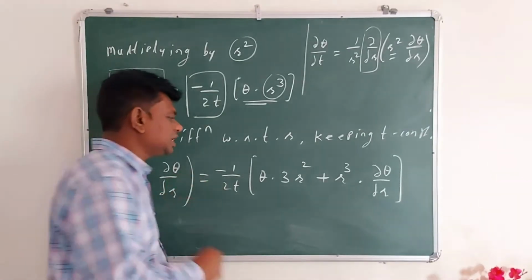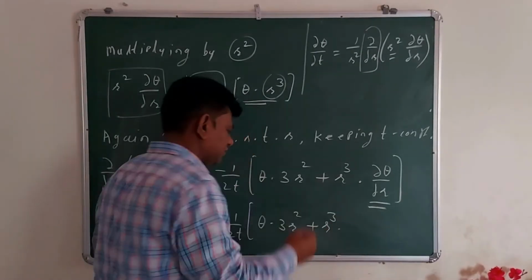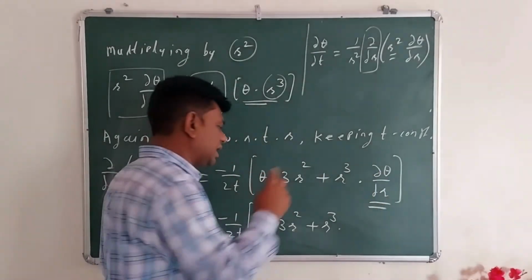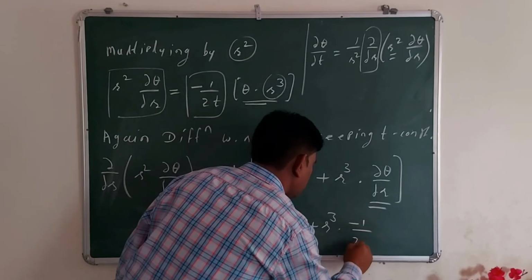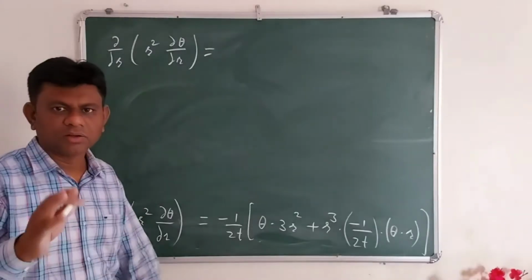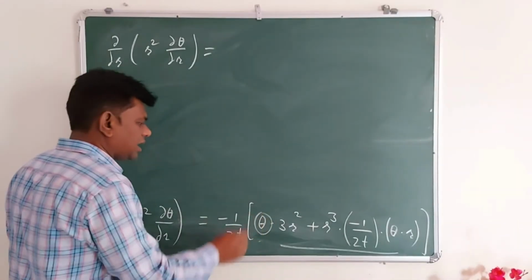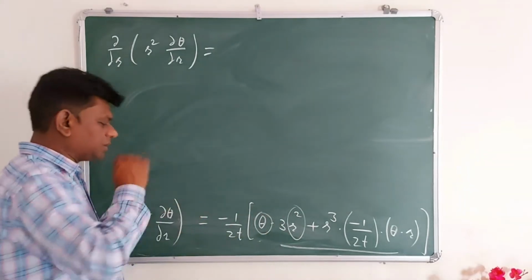Now by using equation 3, this del theta by del r is equal to minus 1 upon 2t, theta times r. Now simplification. In this bracket, theta and r square are the common terms.